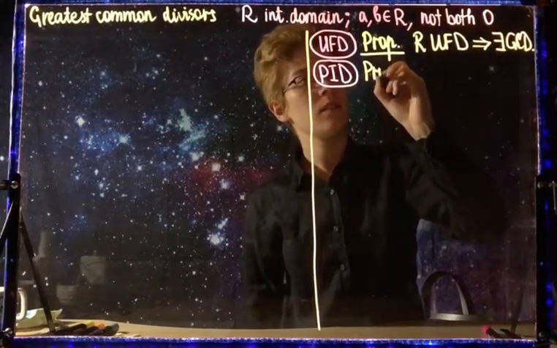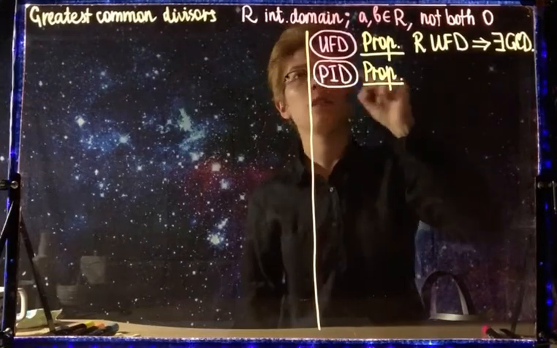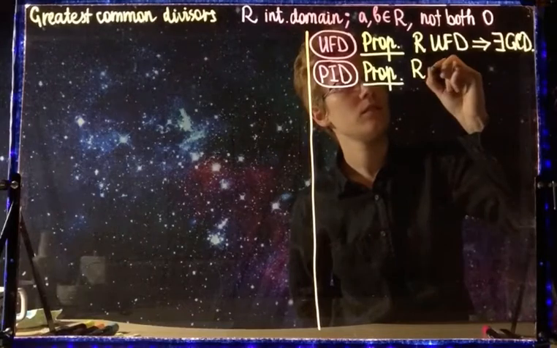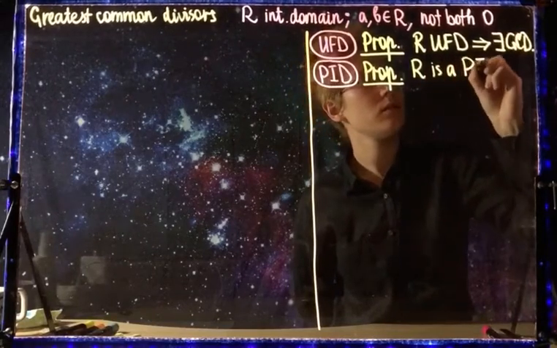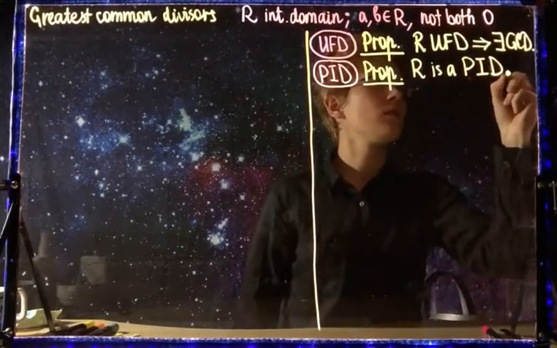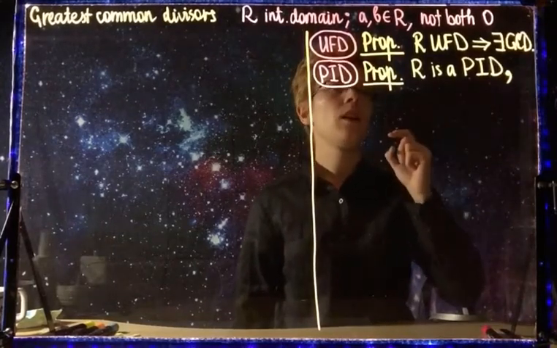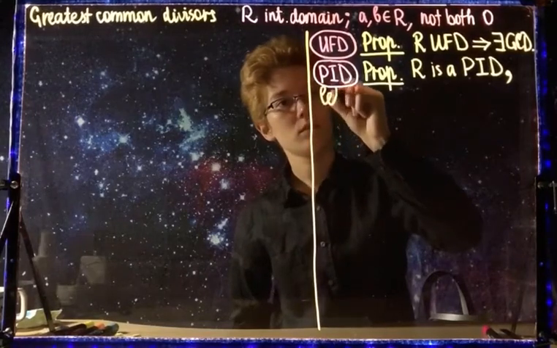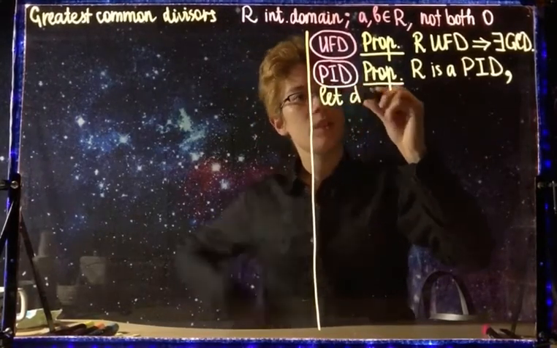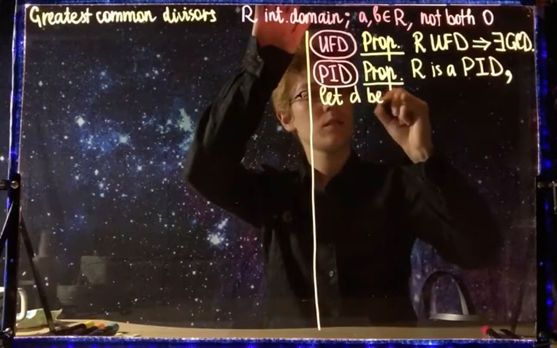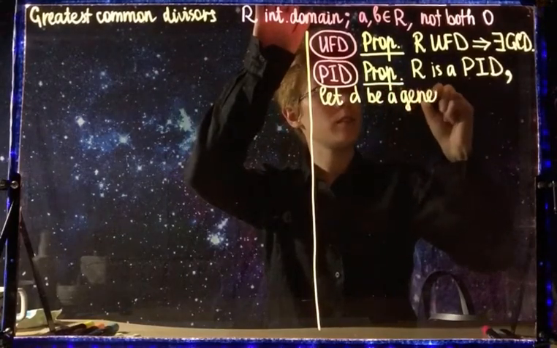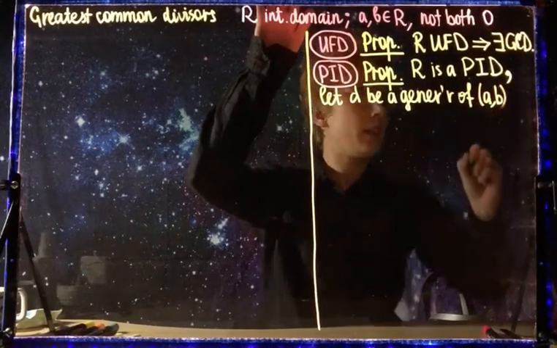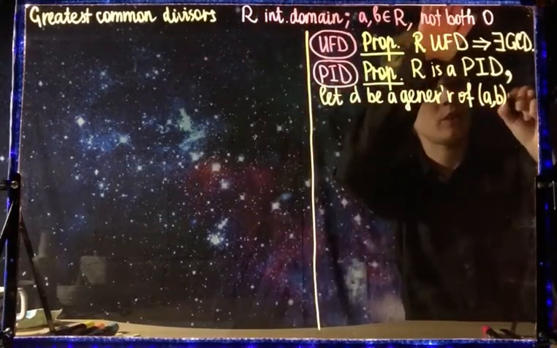And if we assume that our domain is a principal ideal domain, and for these two elements A and B, let D be a generator of the ideal generated by A and B.